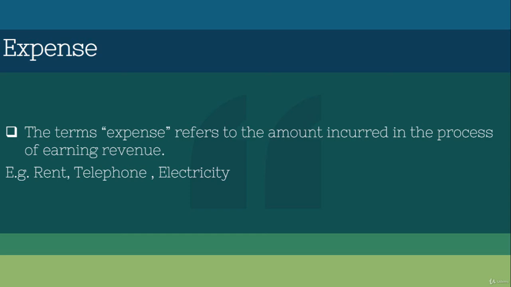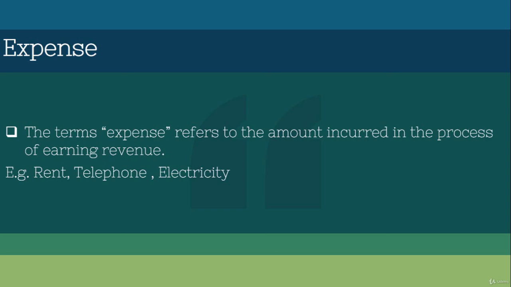These things happen because of earning revenue. Because of selling the goods, I need support. These are the expenses. So those things are called expenses. The process of earning revenue, the costs that occur, those are what we call the expenses.